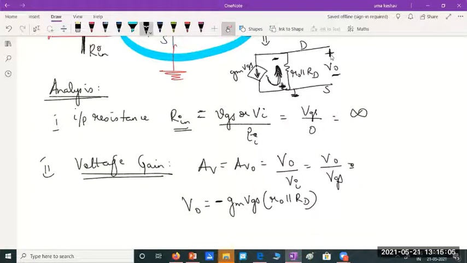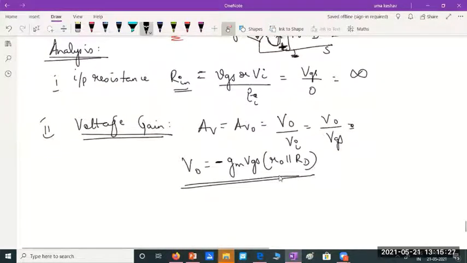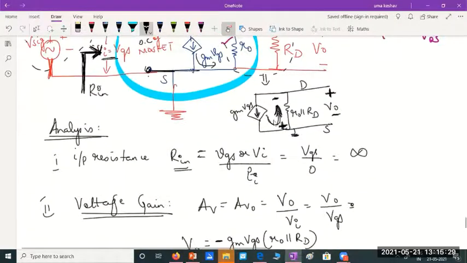The output voltage is measured with drain positive and source negative, whereas the current is flowing in the opposite direction through this resistance R0 parallel RD. Hence the voltage that is created will be this end positive, this negative. So you should put a minus sign indicating it is out of phase, opposite direction. Current into resistance is a voltage. I am trying to measure output voltage.